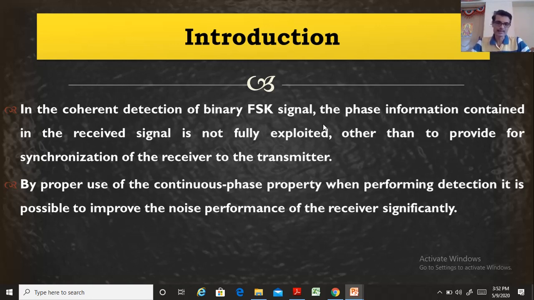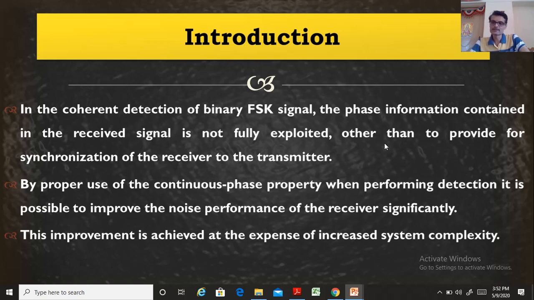The advantage of this method is the noise performance increases. The bit error rate will be less. But the problem is that whatever improvement we are achieving is at the expense of complexity. The transmitter and receiver complexity will increase.